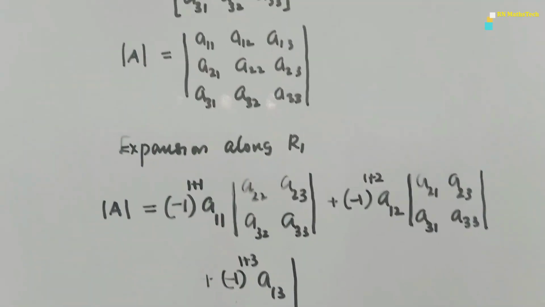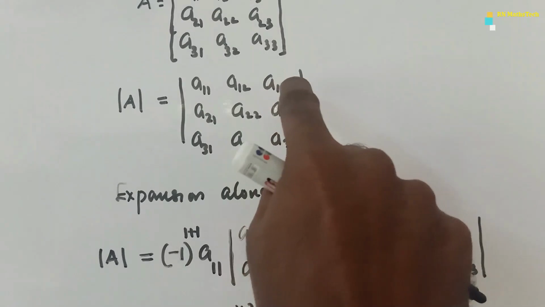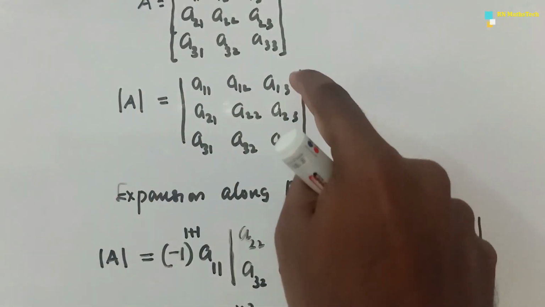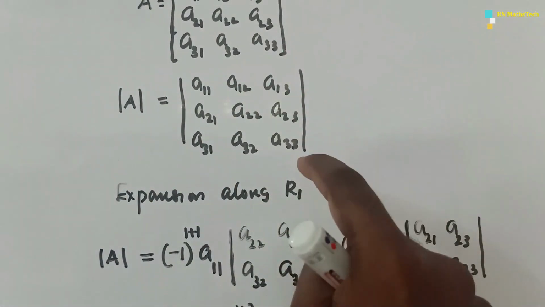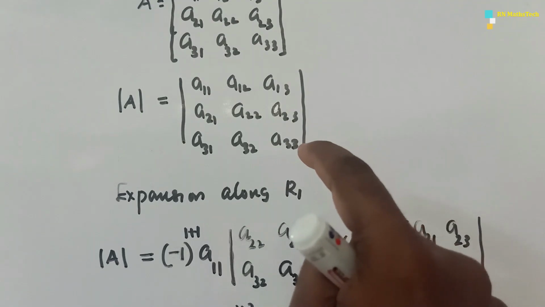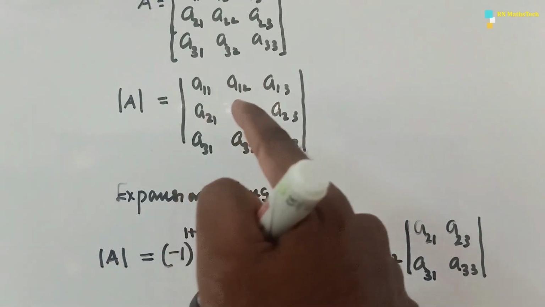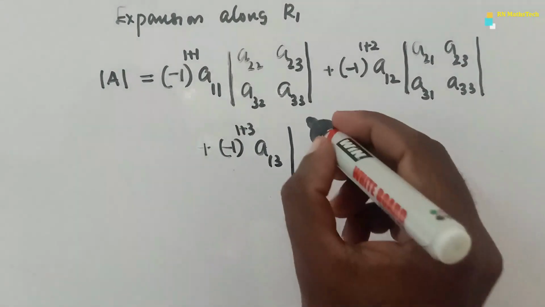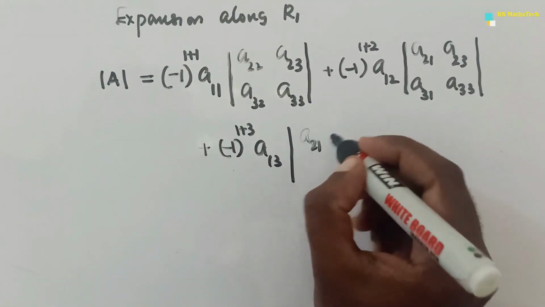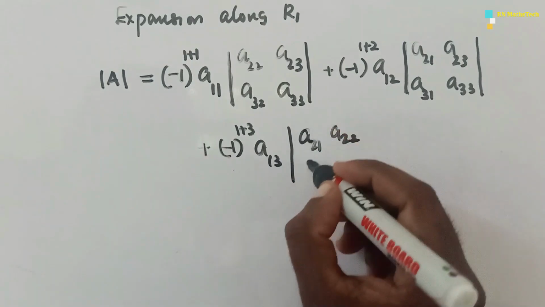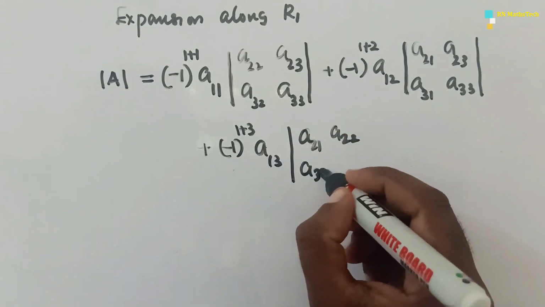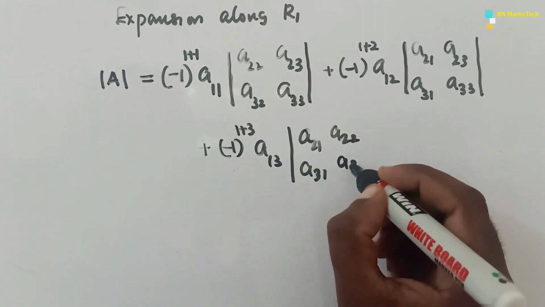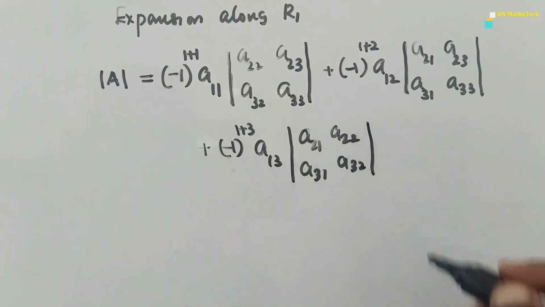So if you delete the row containing A13, that is the first row, and the column containing A13, that is the third column, we have these four elements A21, A22, A31, A32.